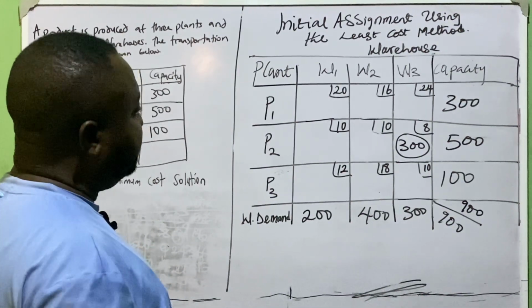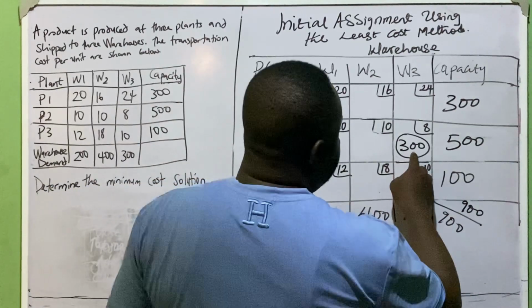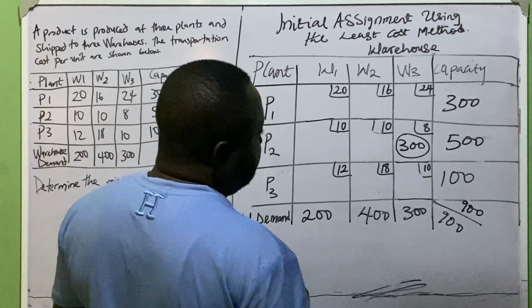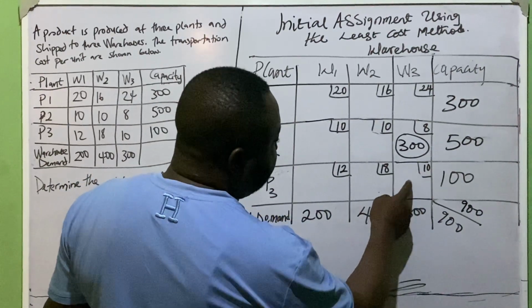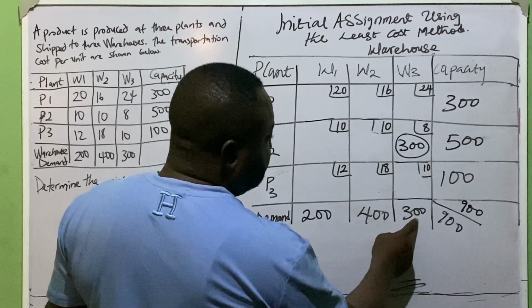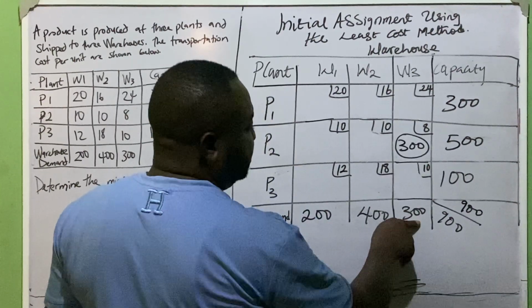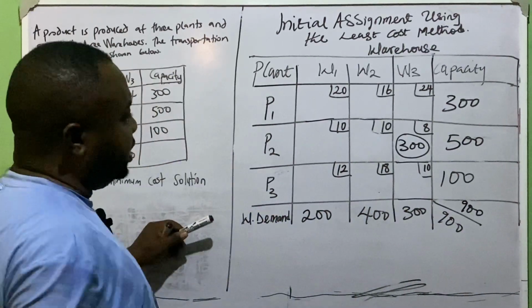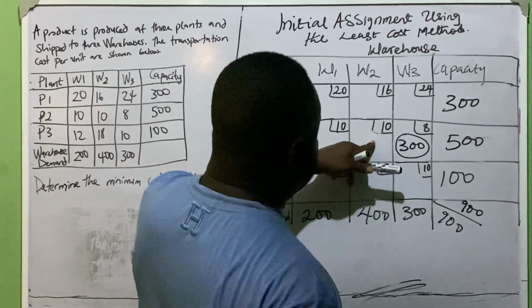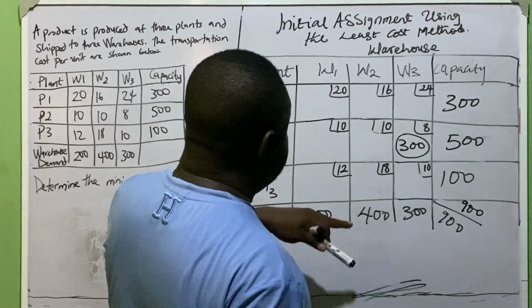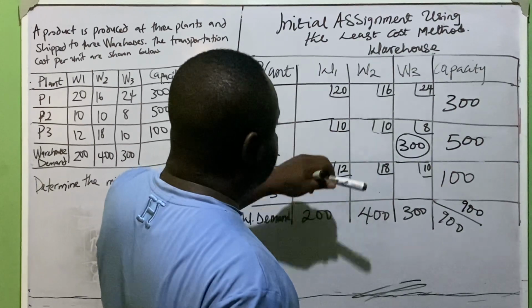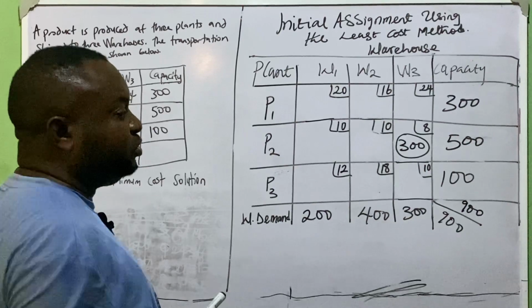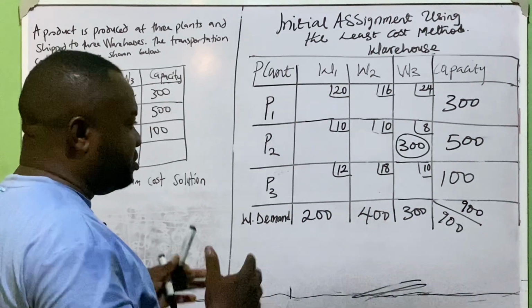Now, this is 8. Is there a 9? No. Is there 10? Yes. I can see 10 here, but we can't bring anything here again because we have met this W3. It has been satisfied, so anything we bring in here will violate this. So is there another 10? Yes, we have 10 here, and I also have 10 here. So there is a tie, and whenever there is a tie, you are at liberty to choose any one to ship into.